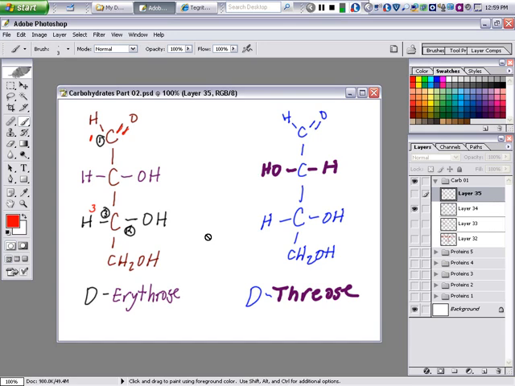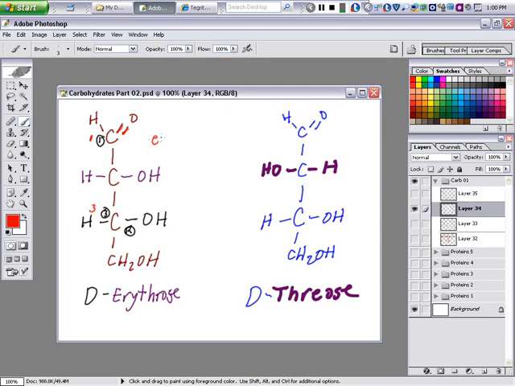They're not mirror images of one another. Are they isomers? Yeah, they are isomers because they have the same molecules, but they are not mirror images of one another. We would not call these enantiomers. So these are not enantiomers.